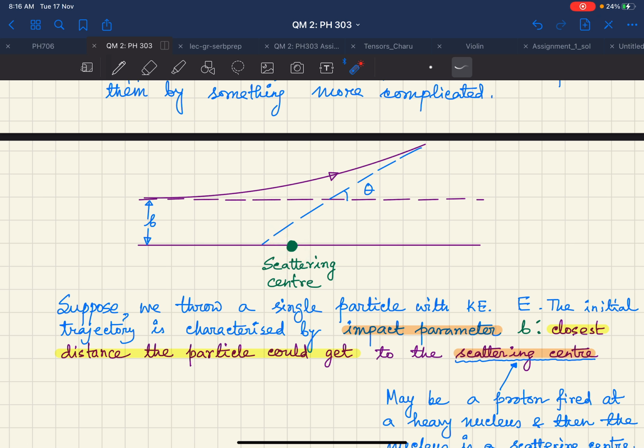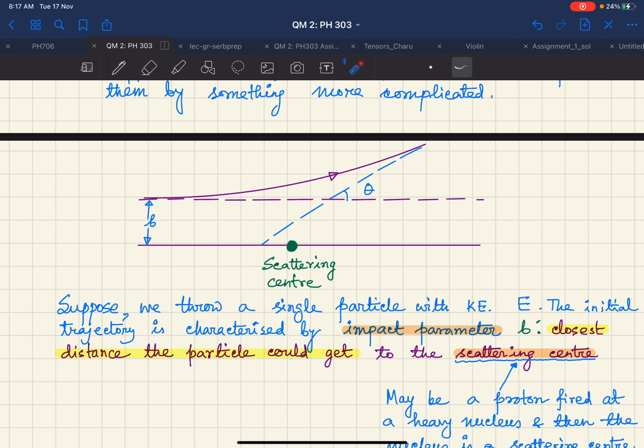And suppose that all these particles are thrown along, say, the z axis, and these trajectories of all these particles will basically change because there is this scattering center sitting here.